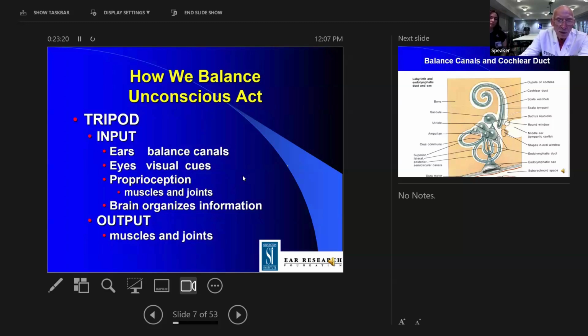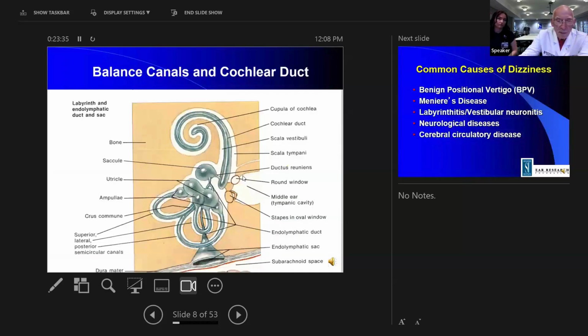The input goes into the brain, and the brain organizes the impulses coming in from the ears, eyes, and proprioception. And then the output goes to the muscles and joints and keeps you in balance. Here's another picture of the inner ear with the cochlea here and the semicircular canals and the labyrinth here.